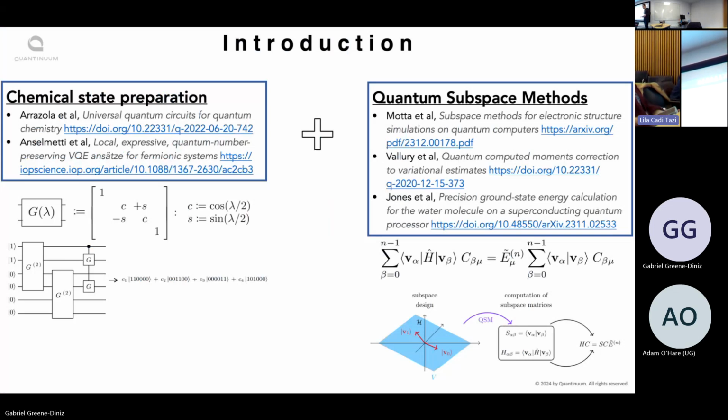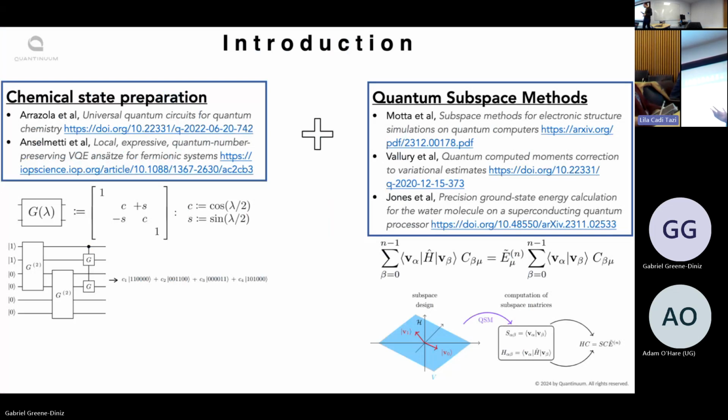So the subspace methods we're using get good approximations to the ground state energy that do not need VQE or some of the difficulties associated with VQE, like complicated landscapes, having barren plateaus and getting stuck in local minima. And also on the scalability side, VQE has a problem with a large number of measurements in general. So subspace methods were introduced as a way to bypass some of these issues and get a good ground state energy approximation.